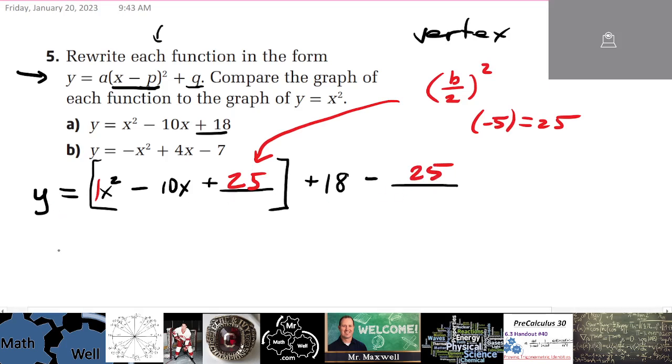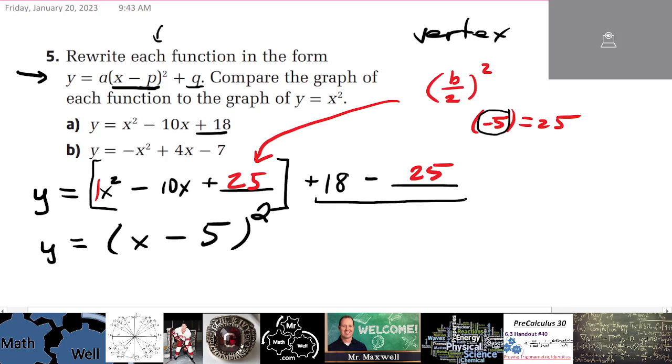The next step then is to rewrite this trinomial as a perfect square, as a binomial square. So you go x, keep this sign minus, and whatever it was, this number that you squared, that's the number there. So -5 goes in there. And then you write that as squared, and that is how you rewrite this perfect square trinomial.